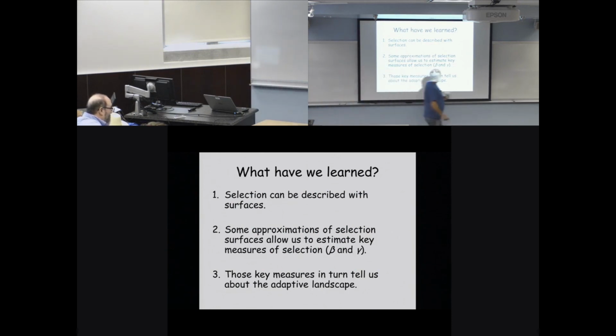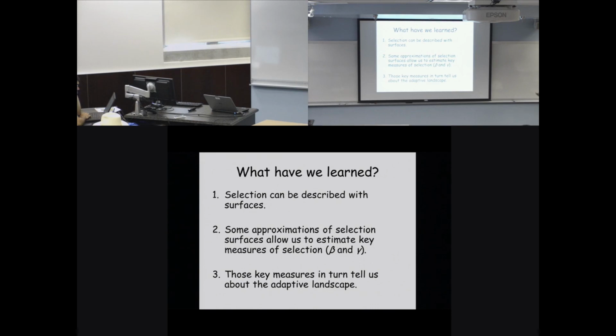Okay. So I had the right lessons. Selection can be described with surfaces. Some approximations, but not all, enable us to estimate parameters of selection, beta and gamma, and they're pretty robust to assumptions about what kind of surface you've got. I mean, it might be poorly approximated, but still you can estimate beta and gamma, and I used to argue with reviewers about that.